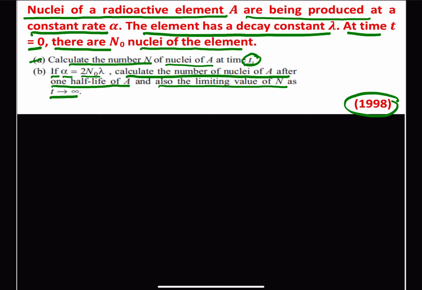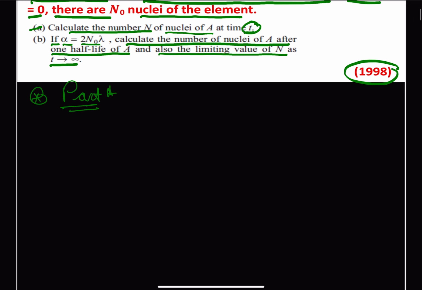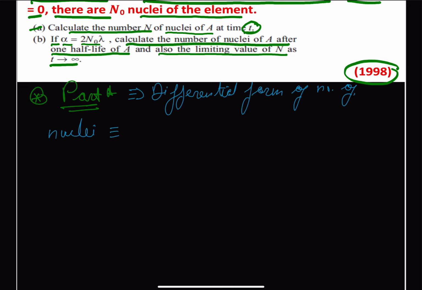So we start with part A. In part A, we can write the differential form of the number of nuclei, and this can be written as dn by dt equal to alpha minus lambda times n.